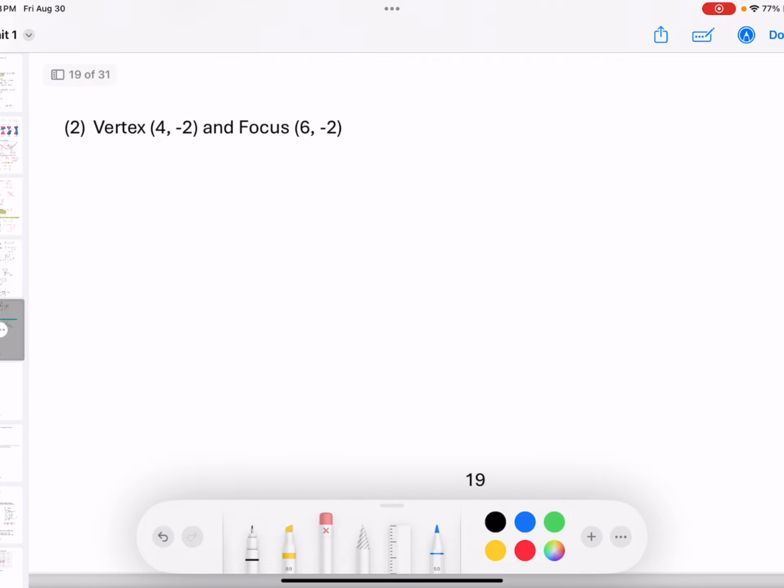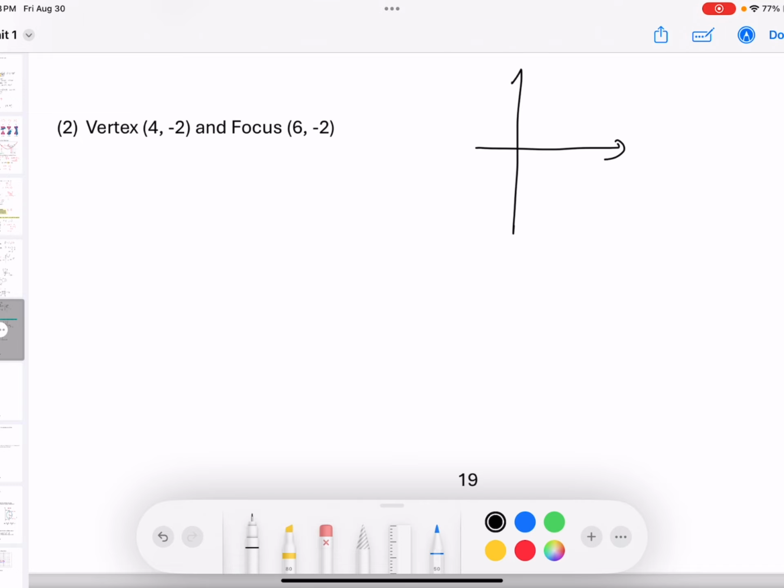The vertex is (4, -2), and the focus is given. Let's sketch this information on my xy plane. (4, -2), and (6, -2).